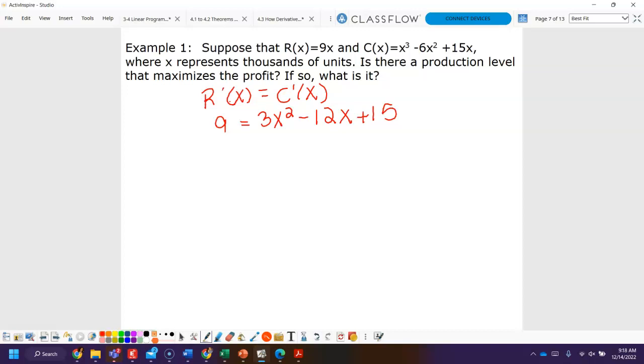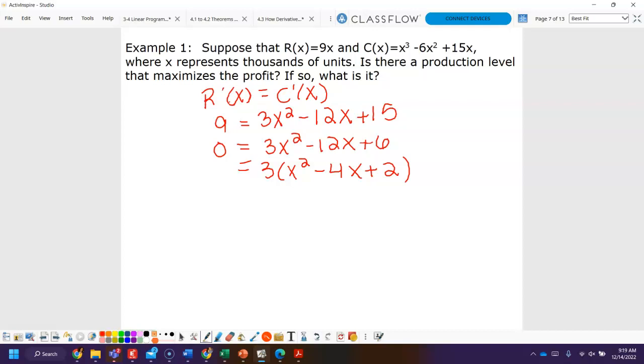Get the 9 over on the other side. And I believe it is not factorable, because there are no factors that will sum correctly.